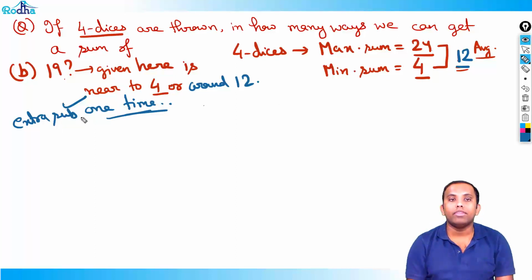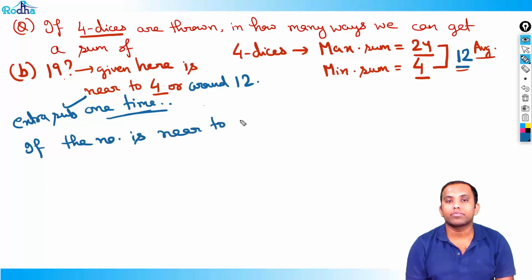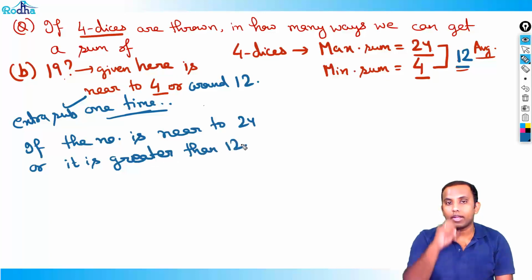But if the number is near to 24, or I should say greater than 12, in that case we'll have to take the reverse approach.